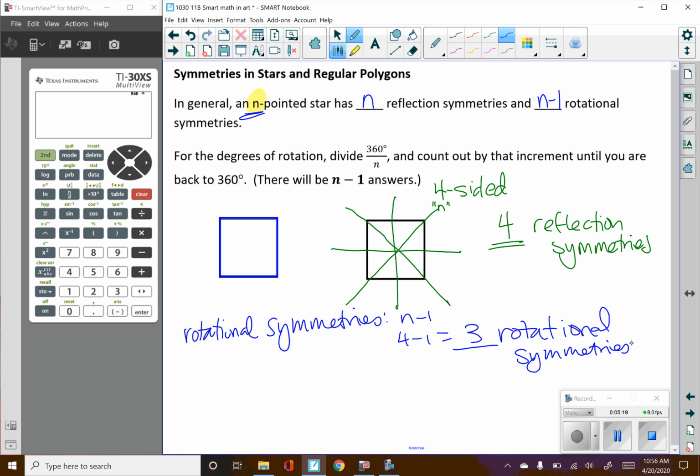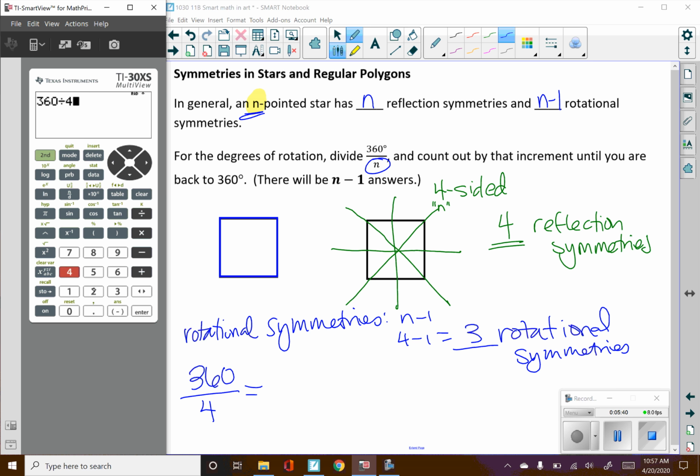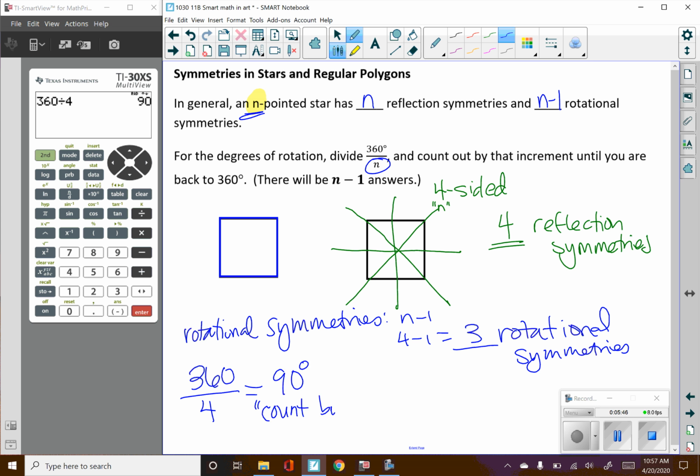To calculate those, you take 360 and divide it by n, so we're going to divide by 4. Be careful here. You don't divide by 3. You do divide by n. It's not n minus 1 that you're dividing by. In this case, 360 divided by 4 is 90, and this is what we're going to count by to get our answers.